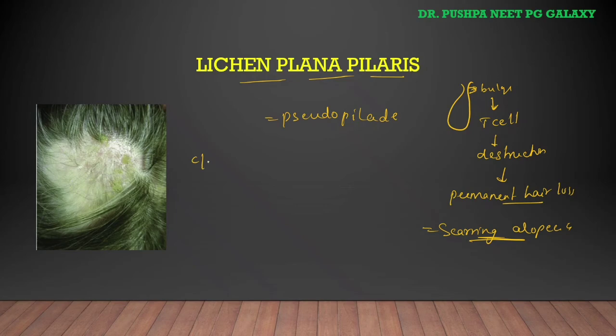What are the clinical features? There are perifollicular blue-gray macules, and we can see a footprints in snow appearance. This is seen in lichen planopilaris.